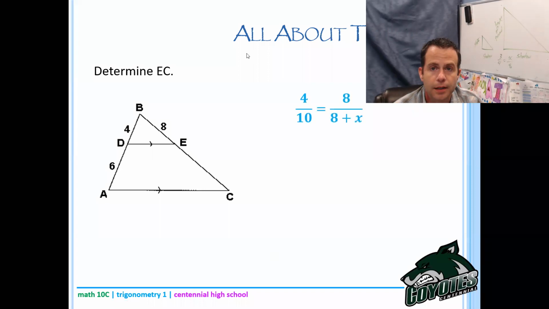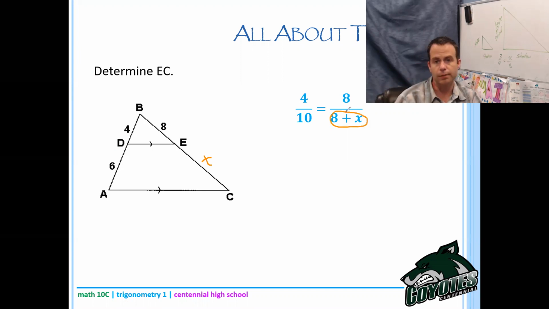So I've said 4 over 10, so I went little side to big side equals little side to big side. So what I did was I called this x, and so this would be 8, and then the whole thing would be 8 plus x. That's where that 8 plus x here is coming from. That's the big length, okay? So I'm back to what I was doing though. I'm just going to algebraically solve this. I'm going to multiply both sides by 10. I'm going to multiply both sides by 8 plus x so that I get rid of those denominators.